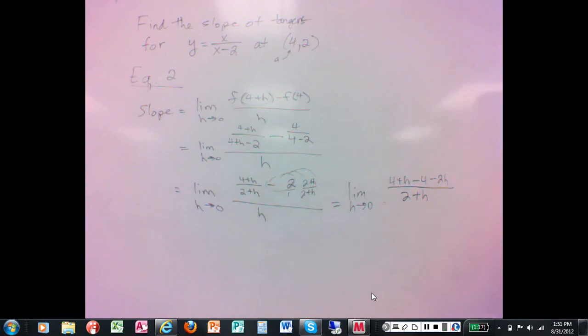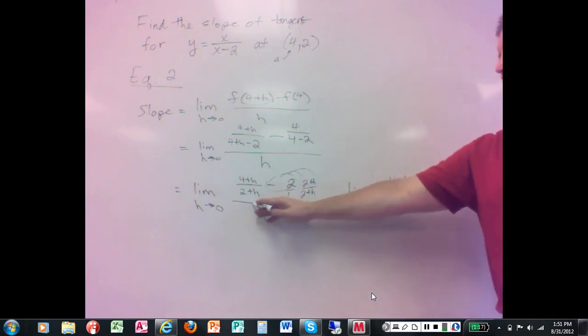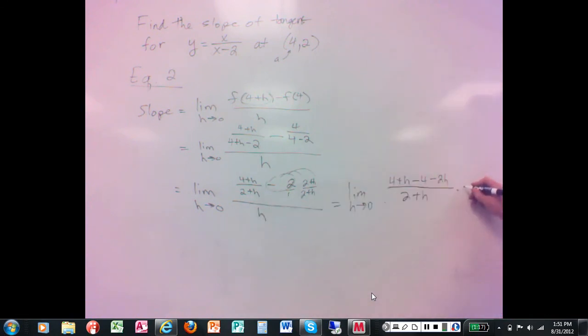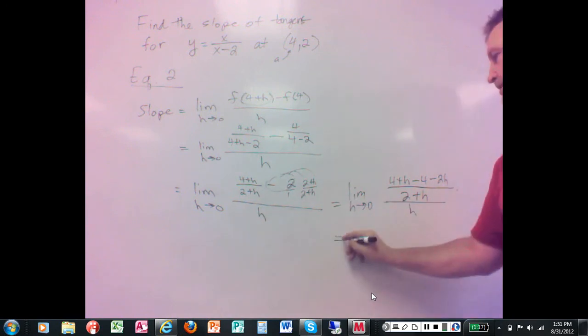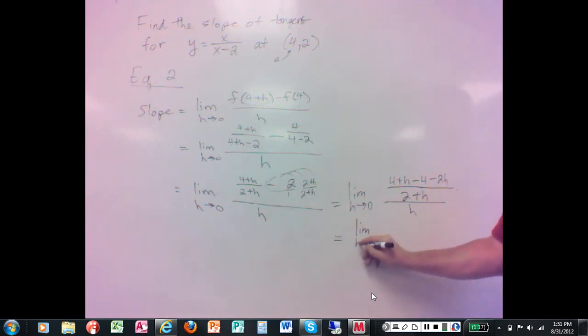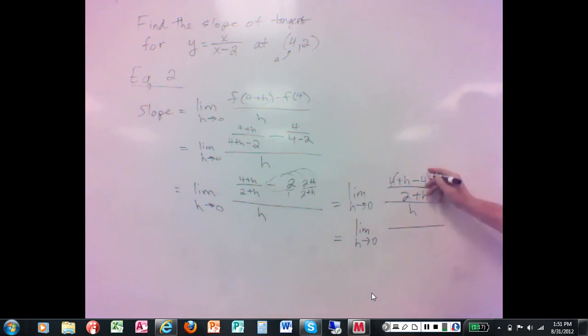Then also remember the over h. Let's just leave it that way first of all. It's over h. So this works out to be the limit as h approaches 0. 4's cancel. H minus 2h is minus h. So I have minus h over 2 plus h. But then we said the divide by h, we multiplied that by 1 over h to do that, because then we can cancel.